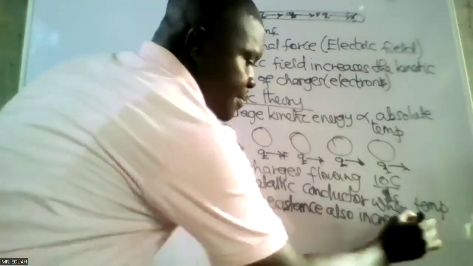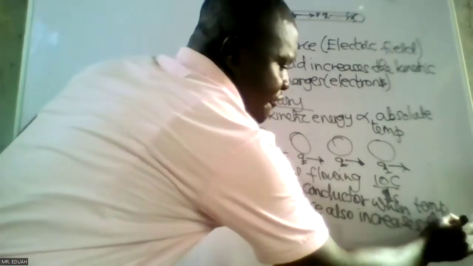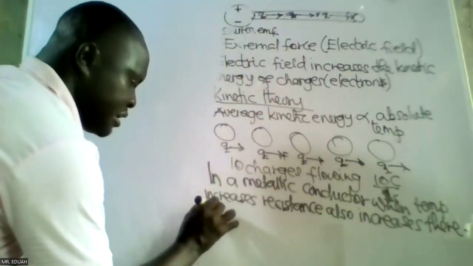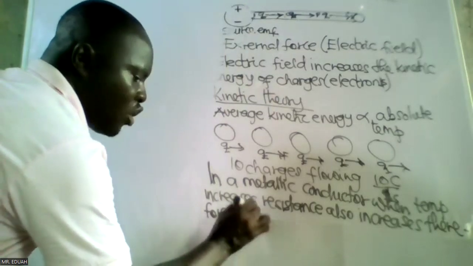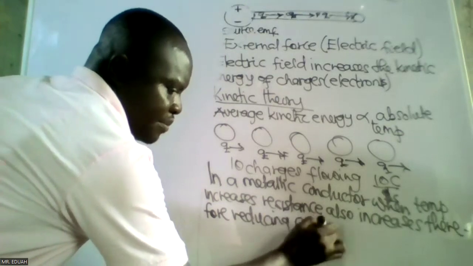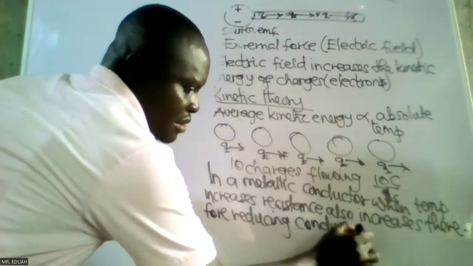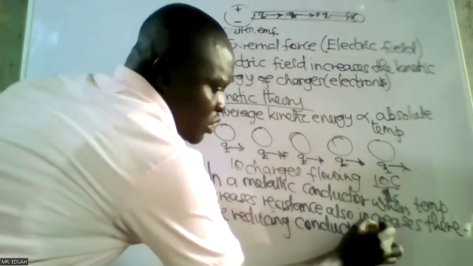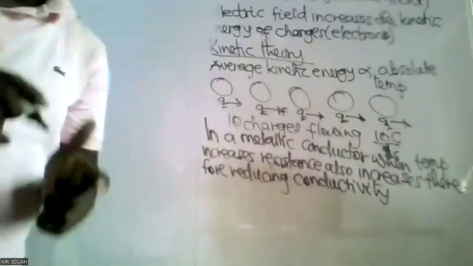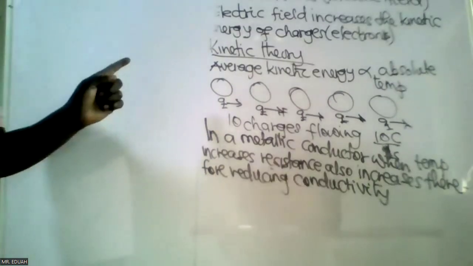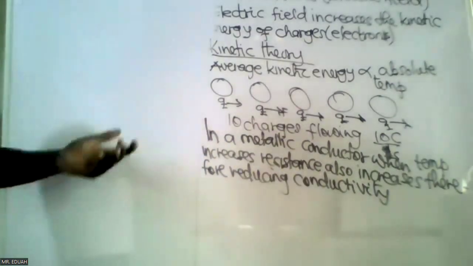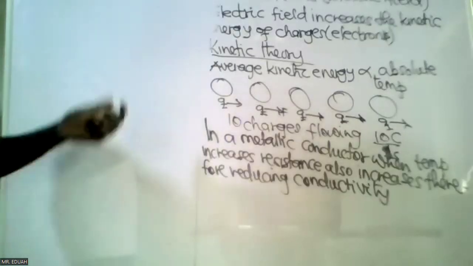Therefore, reducing or decreasing conductivity. So when temperature increases, resistance increases, and it reduces conductivity. Okay. So when you increase temperature, you are increasing resistance.